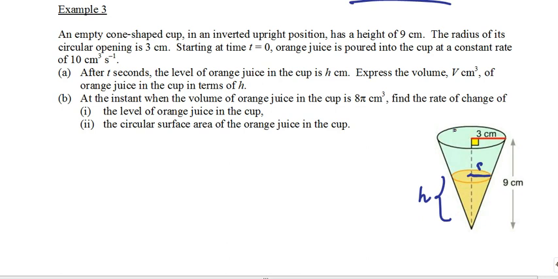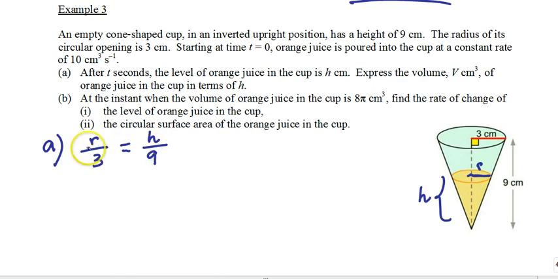And remember what we learned: for similar objects, the ratio of the dimensions must be the same. So because of the similarity, the ratio of the radius, which in this case is r over 3, must equal the ratio of the height, which is h over 9.